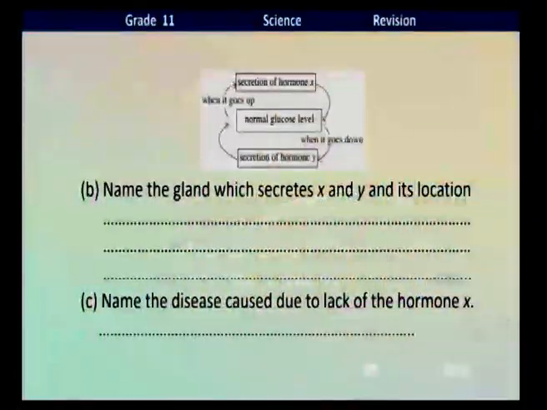Then the blood glucose level can be brought to the normal level. Okay, right. Then name the gland which secretes X and Y. I told you, what's the gland? Pancreas.